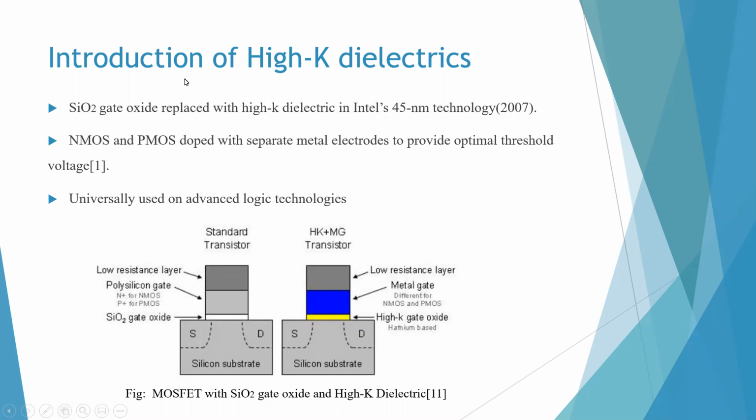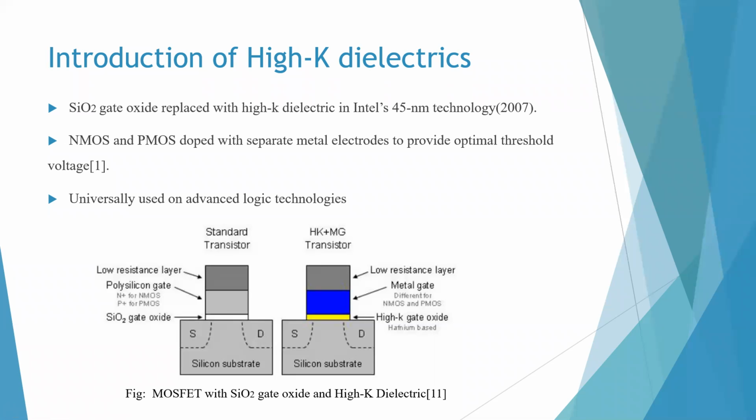Another improvement in MOSFET technologies was the introduction of high-K gate dielectrics, and Intel first adopted it in its 45 nanometer technology in 2007. The traditional polysilicon gate electrode was replaced by a metal electrode with separate metals for NMOS and PMOS to provide optimal transistor threshold voltages.